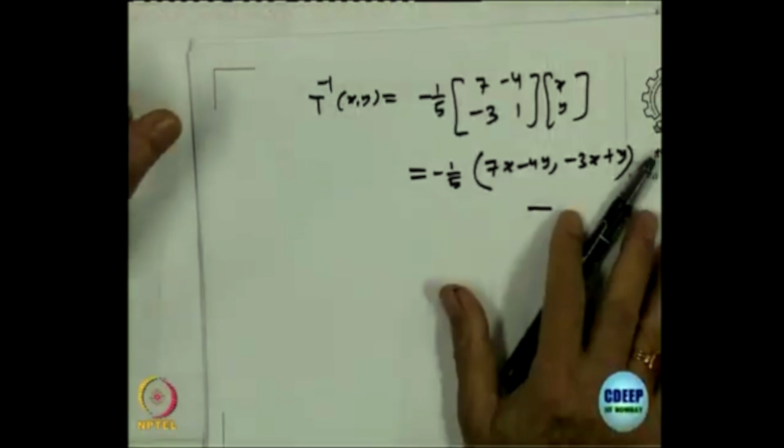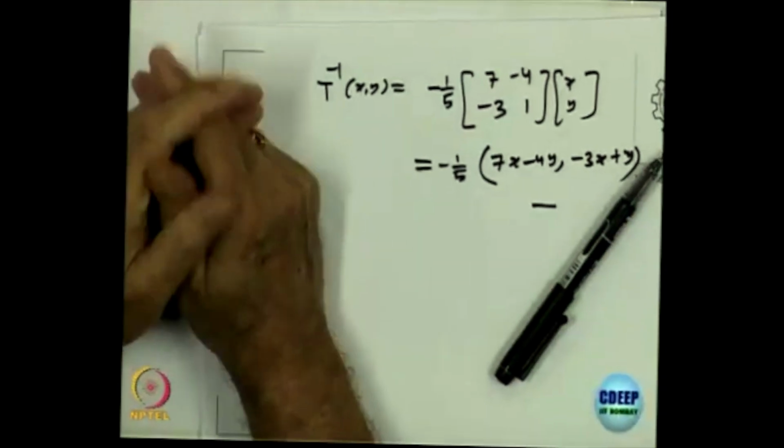So is it clear to everybody? Yes. So basically what we are saying is, we are giving an association between a linear transformation and matrices. If T is from V to W, V is of dimension n and W is of dimension m, then its matrix comes out to be of order m cross n.